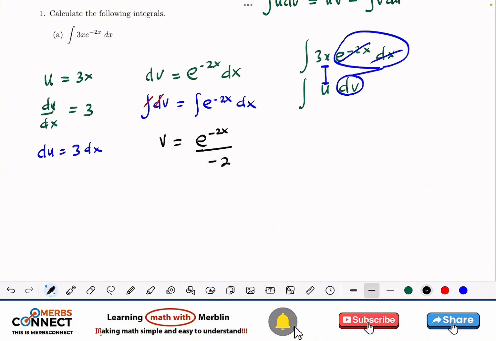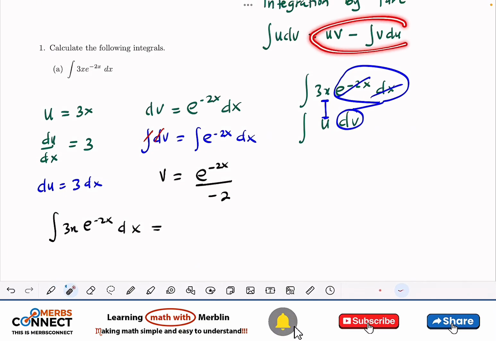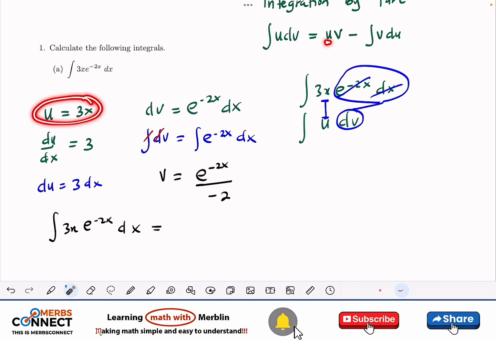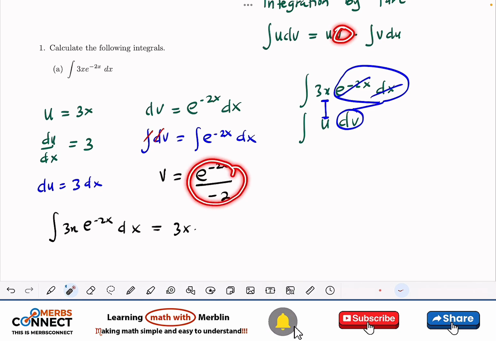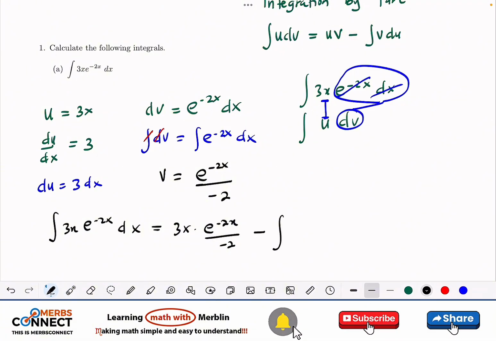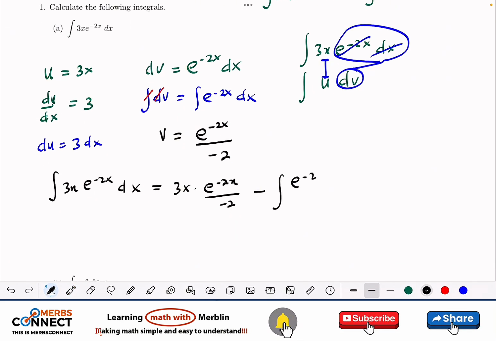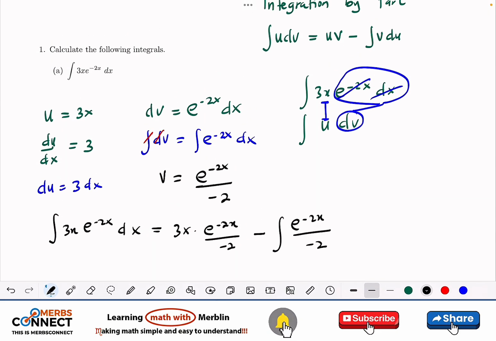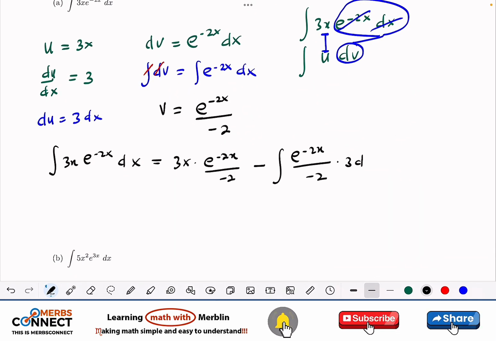So what will be our integral? The integral of 3x e to the power minus 2x dx is equal to u times v, that is 3x times e to the power minus 2x divided by minus 2, minus the integral of v du, so e to the power minus 2x divided by minus 2, multiplied by du.